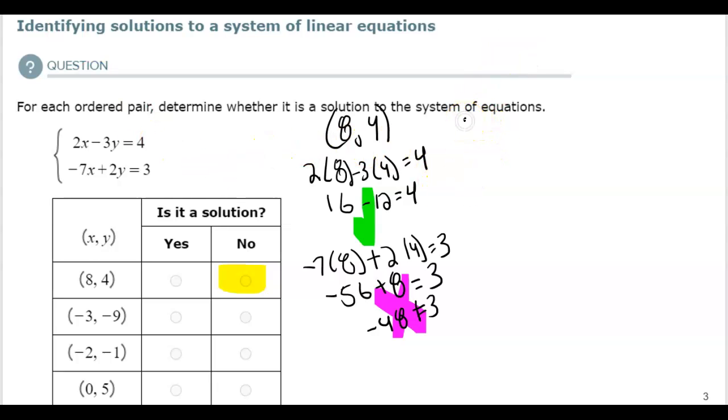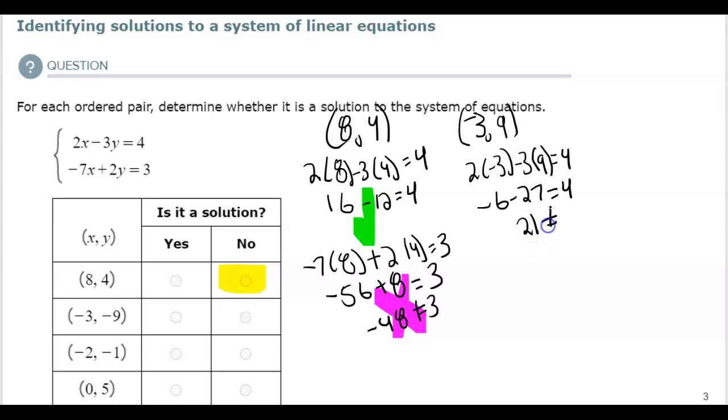I can go ahead and try (-3, 9). Everywhere I see an x, I'm going to put in a -3, and everywhere I see a y, I'm going to put a 9. Okay, 21 does not equal 4. I can still try it in the second one, though.